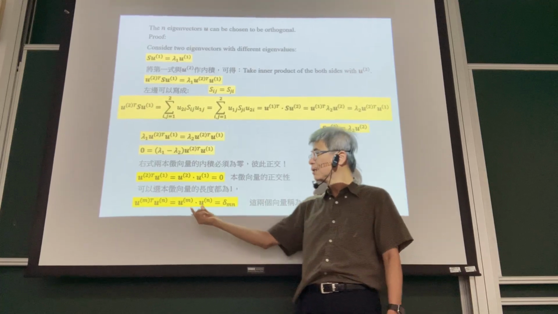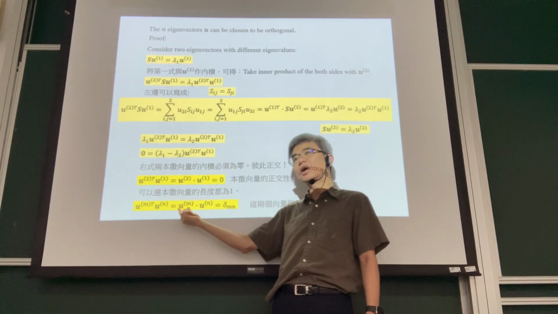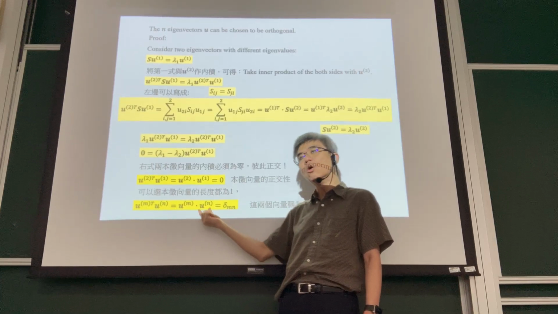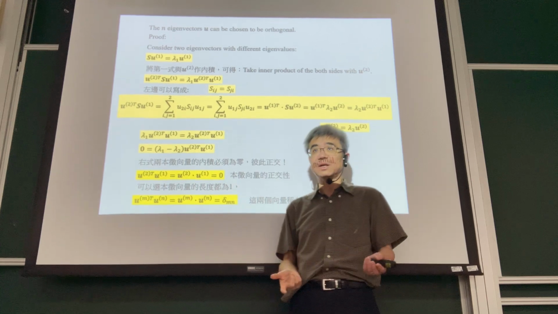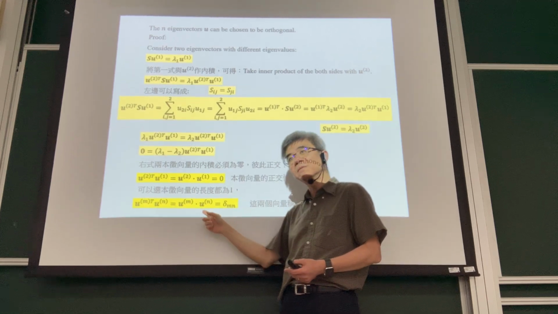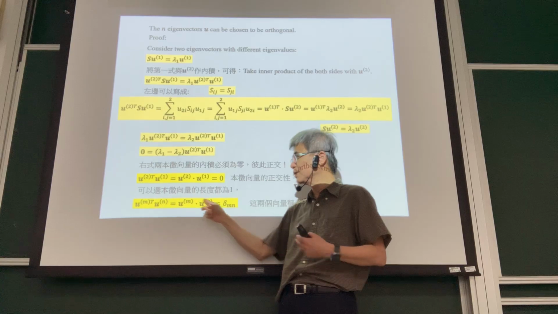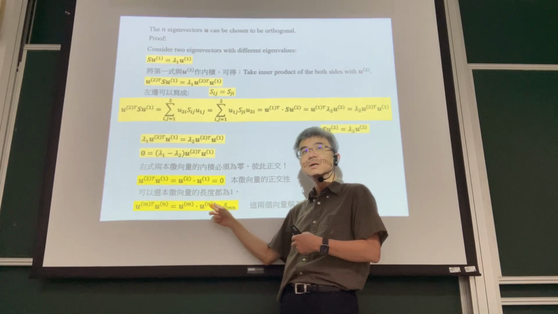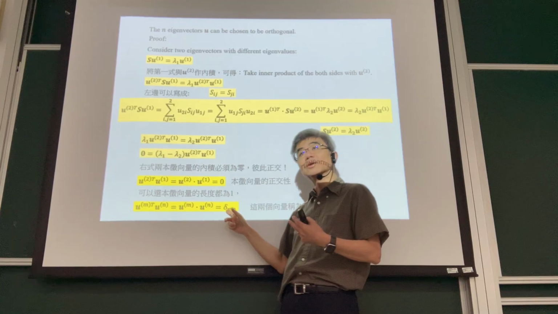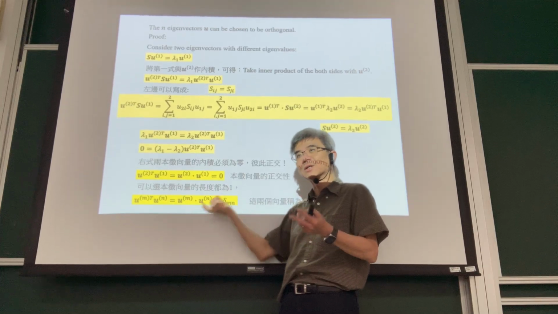So the inner product of this and this will only be equal to 1 when they are the same eigenvector. If they are different eigenvectors, for example 1 and 2, 1 and 3, or 2 and 3, delta mn will ensure they are 0. The inner product is equal to 0.